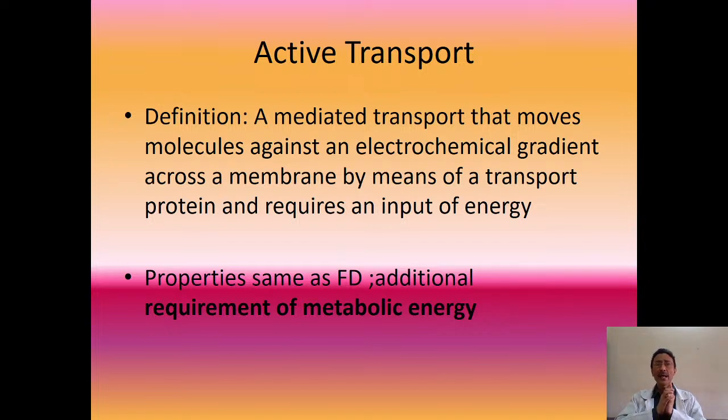The only difference between facilitated diffusion and active transport is that active transport requires metabolic energy when the transport is happening. So active transport is always against the concentration gradient.